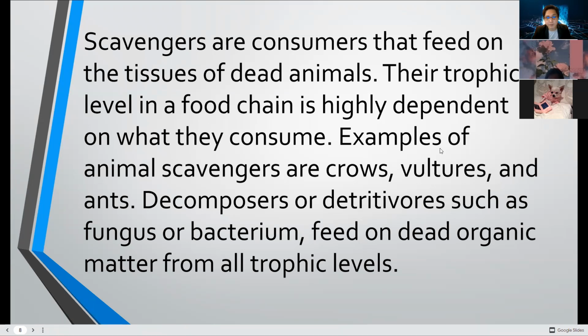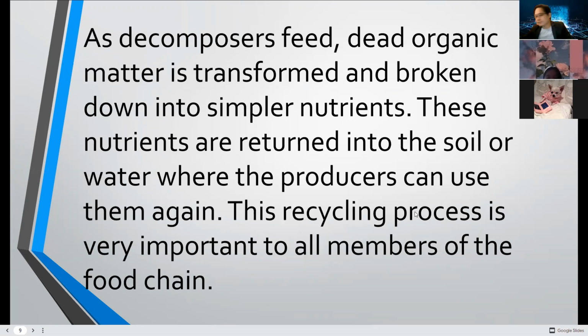And of course, in a given period of time, if they consume all, there's no coming back, there's no recycling. So their ecological importance is that they return the nutrients they carried in their body back to the soil in order for the plants to consume it back, to balance the ecological niche, right? Yes, sir. Let's move forward.